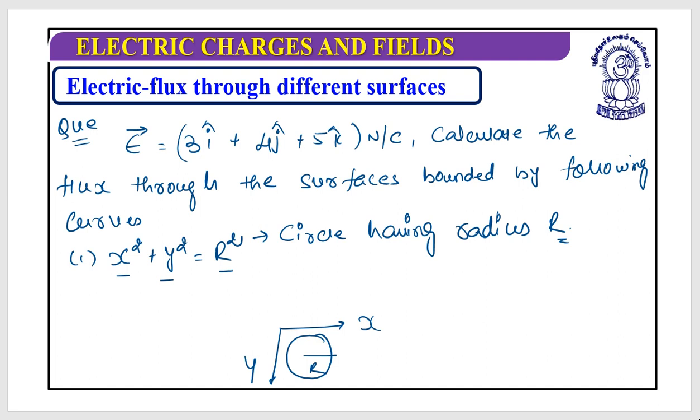Yes, can you imagine this? Okay, so what would be its area vector? It's pi into r square, that I know. What would be the direction? It's k cap. Very good. Now you have been given the electric field. This is 3i plus 4j plus 5k.